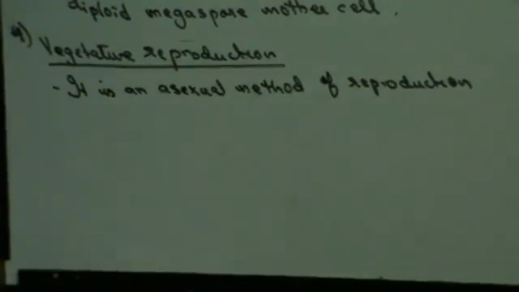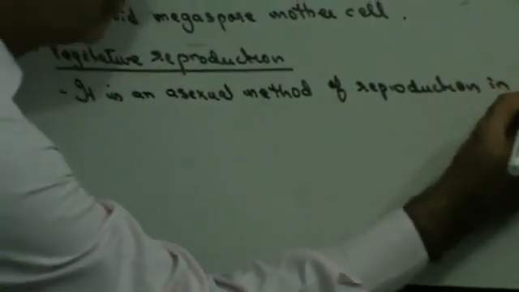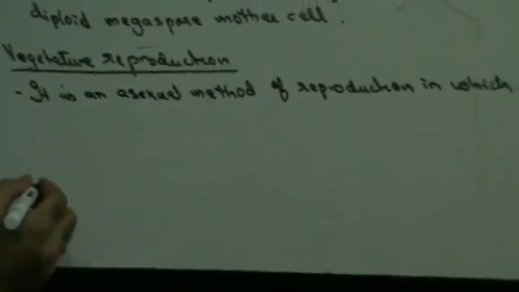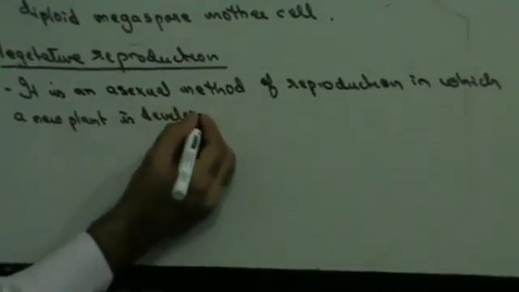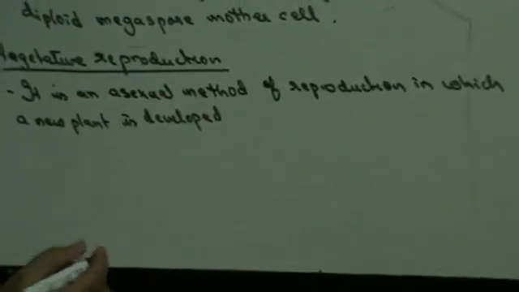It is an asexual method of reproduction in which a new plant is developed from the vegetative parts.